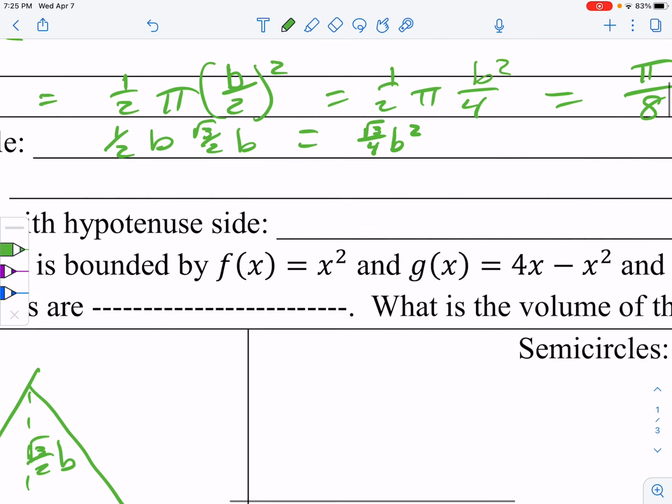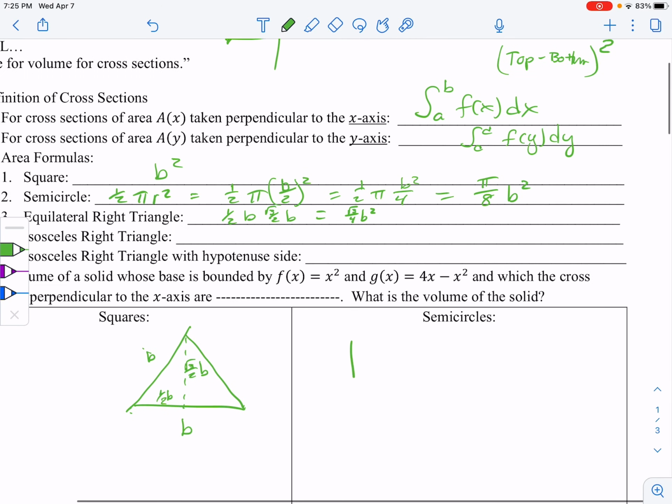Okay, an isosceles right triangle, what they're talking about is this side and this side are B, and here's your hypotenuse. So it's just 1/2 of B squared.